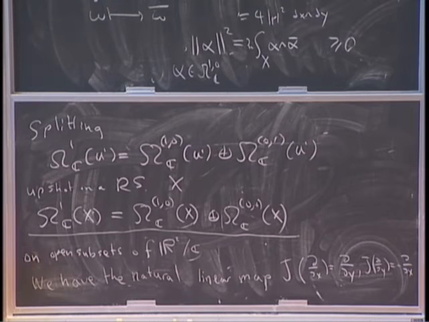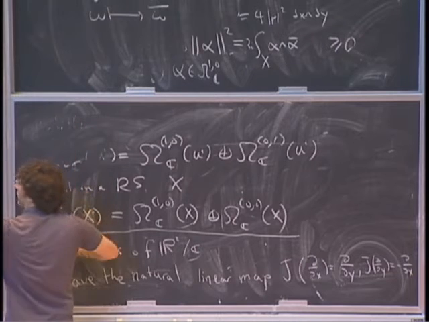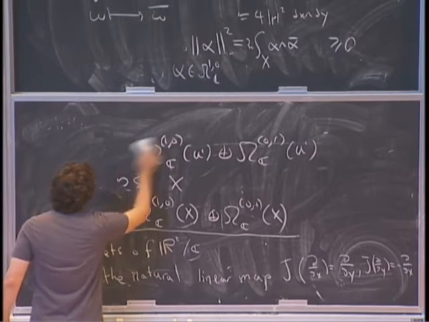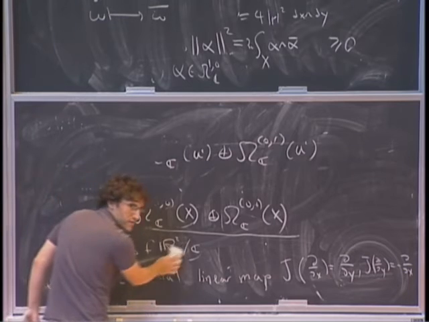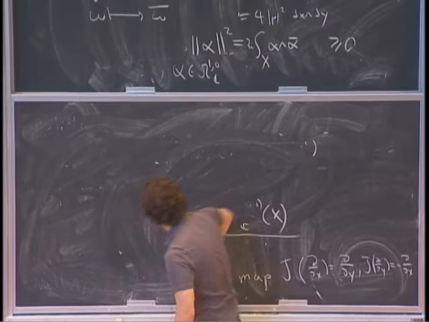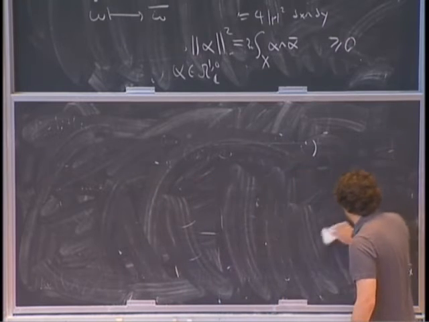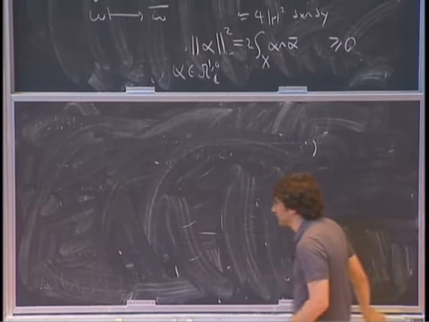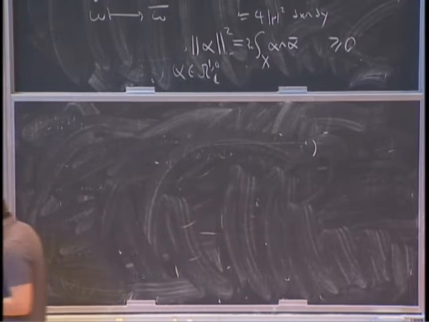But here we get it for free just by having the Riemann surface structure. So that's sort of the point, and as we'll see shortly, it'll be connected to this existence of delta.